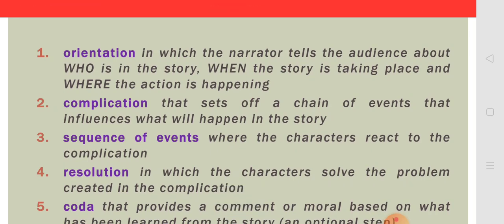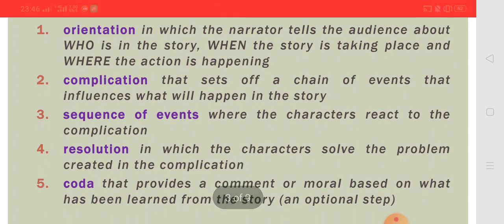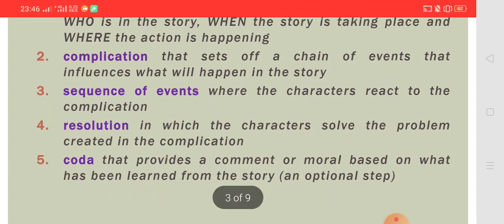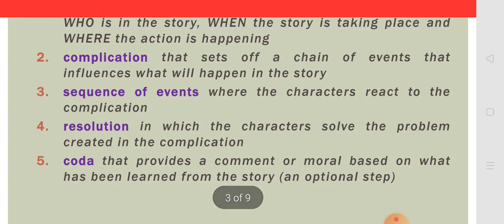In orientation, usually we use some points that we have to know. First is who is in the story, then when the story is taking place, and where the action is happening.